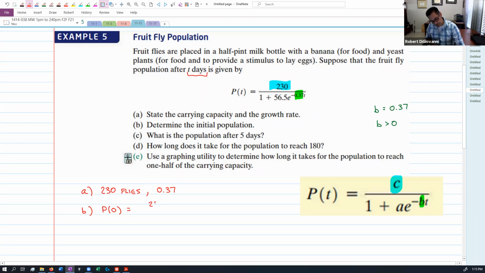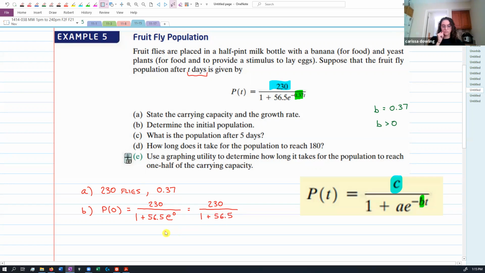Let's do that. 230 over 1 plus 56.5 e raised to the, well, what happens if I plug in 0 for t here? It's just going to 0 all that out, right? And so we just have e to the 0. And what's e to the 0? Anything to the 0? 1. Okay, so e to the 0 is 1.